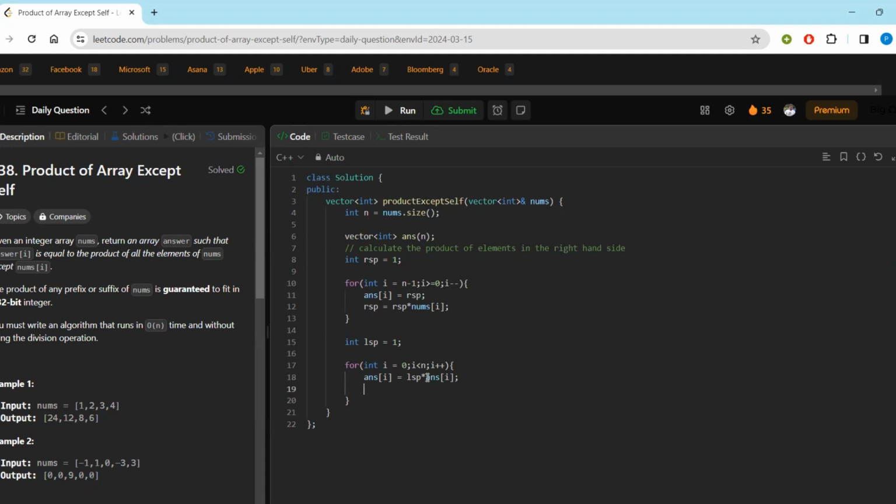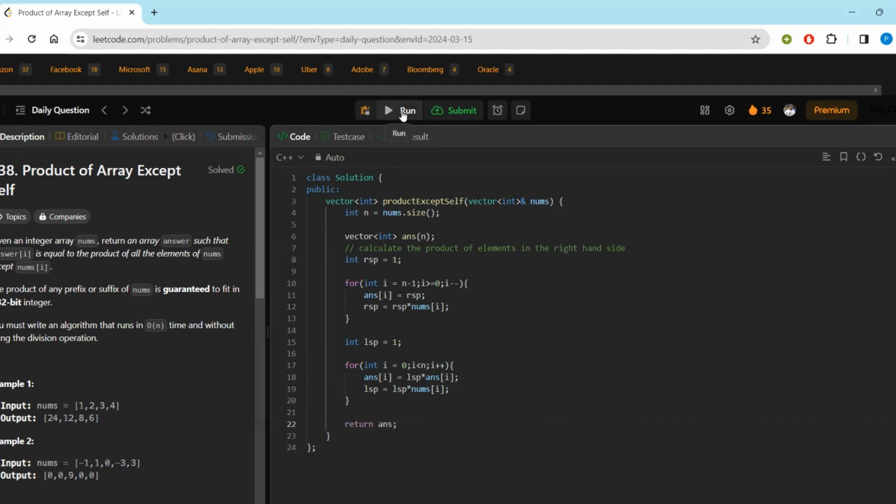So earlier answer of i will give us the product at the right hand side, and LSP will give us the product at the left hand side. And after every iteration, we will update the left hand side product with the LSP into nums of i. So for the next number, this will be our left hand side product. So in this way, we will calculate for all the indexes, and after that, we can return the final answer.